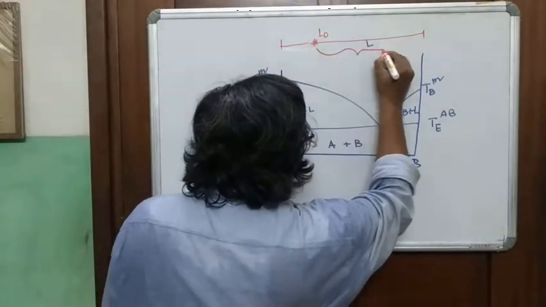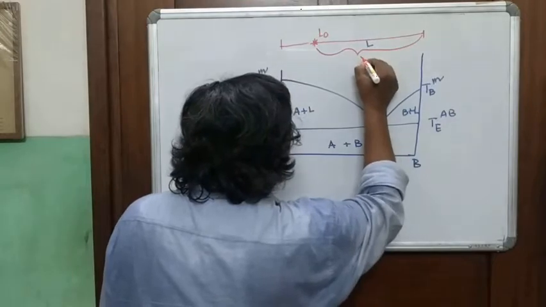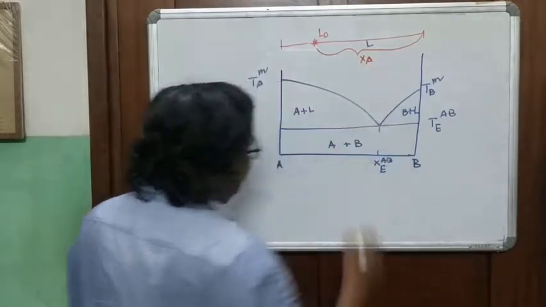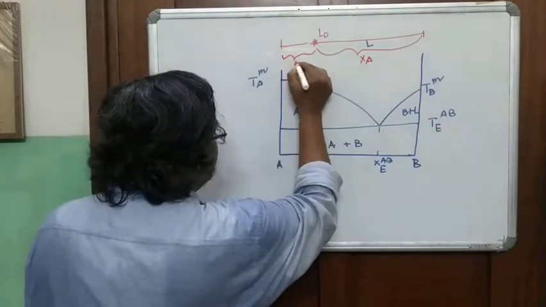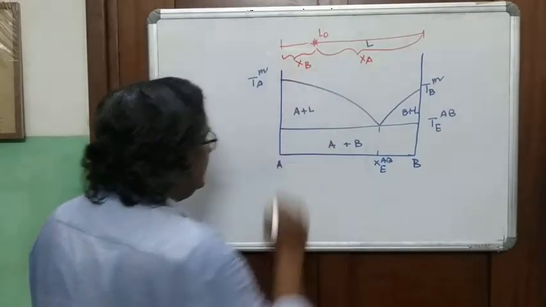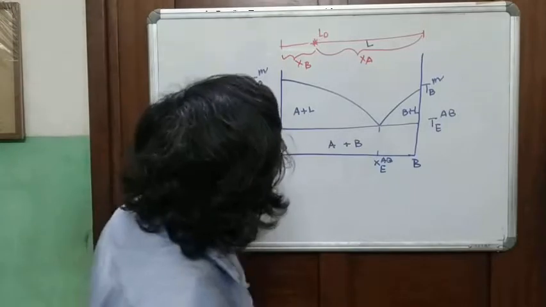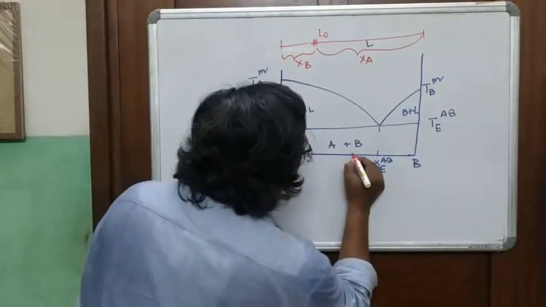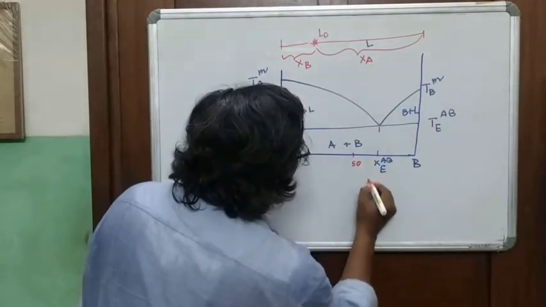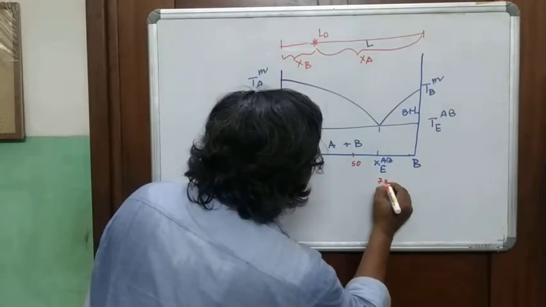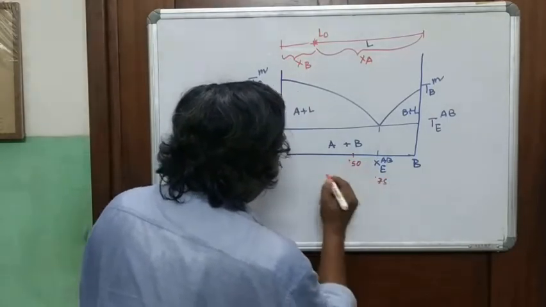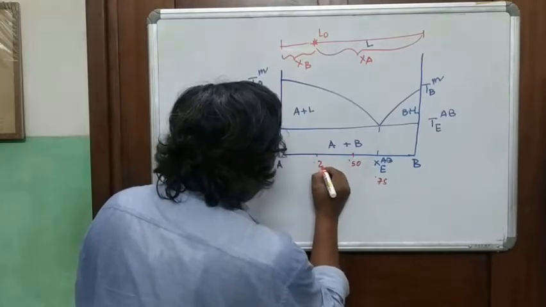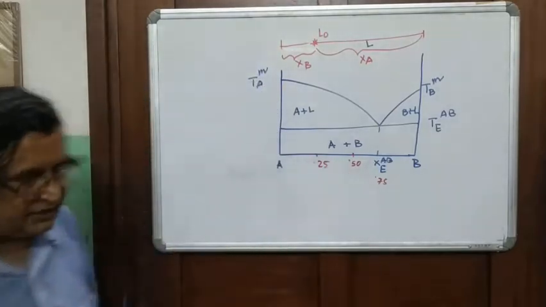This is the weight percent A, or XA in brief, and this one is XB. Roughly, let's say this is 0.75, and this is 0.25.